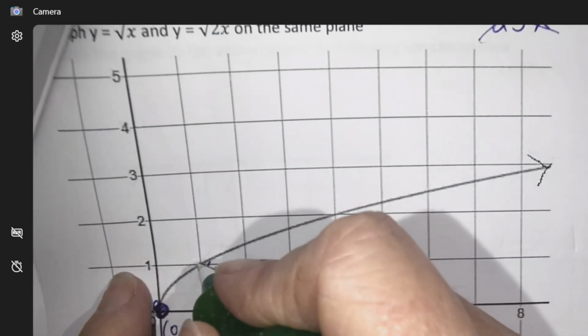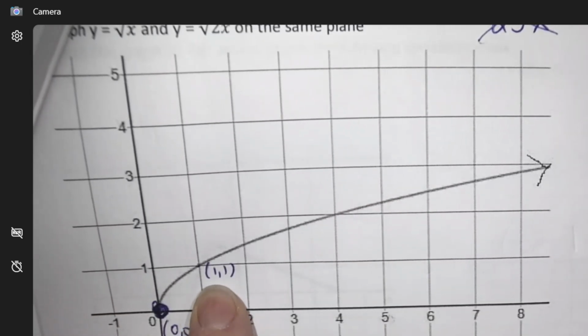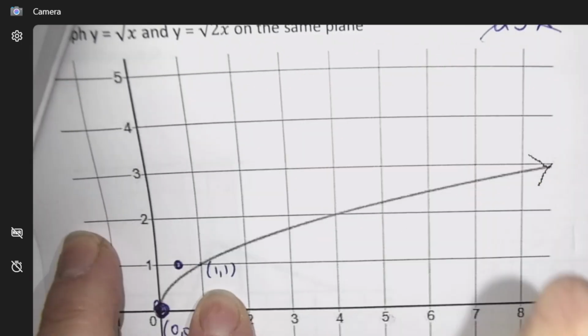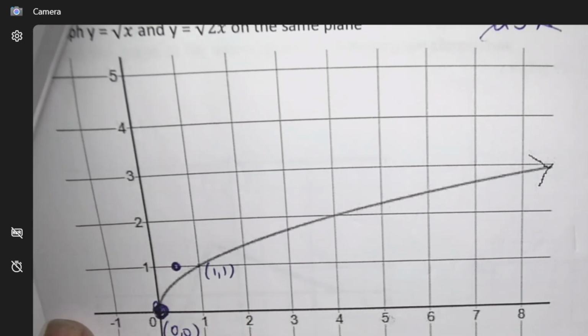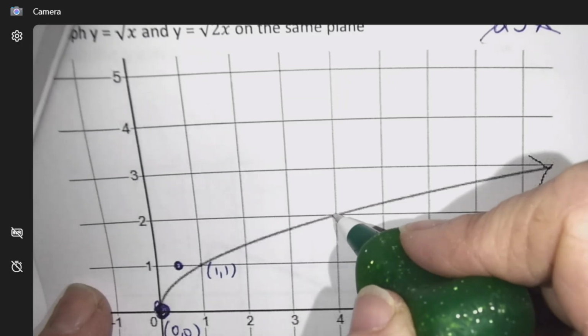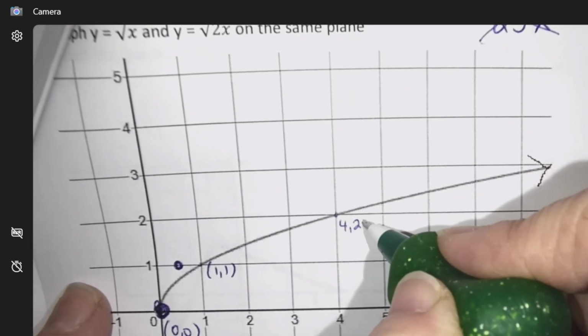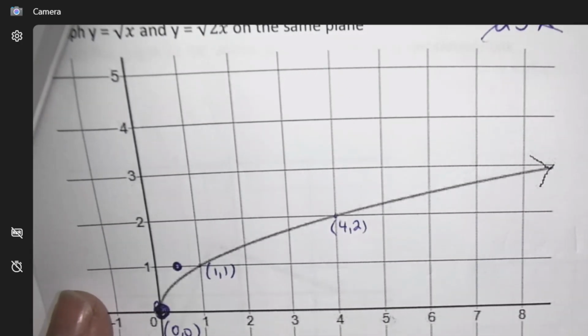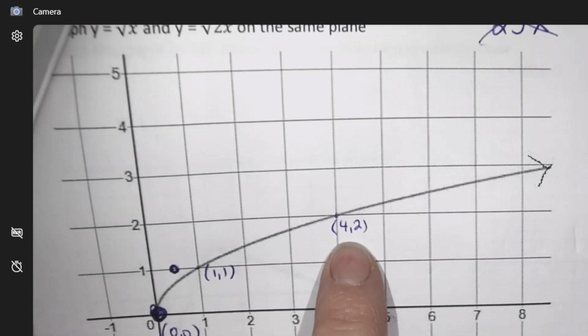I can take a coordinate 1, 1. What does it change to? A half, 1. I have a coordinate at 4, 2. What is it going to become?